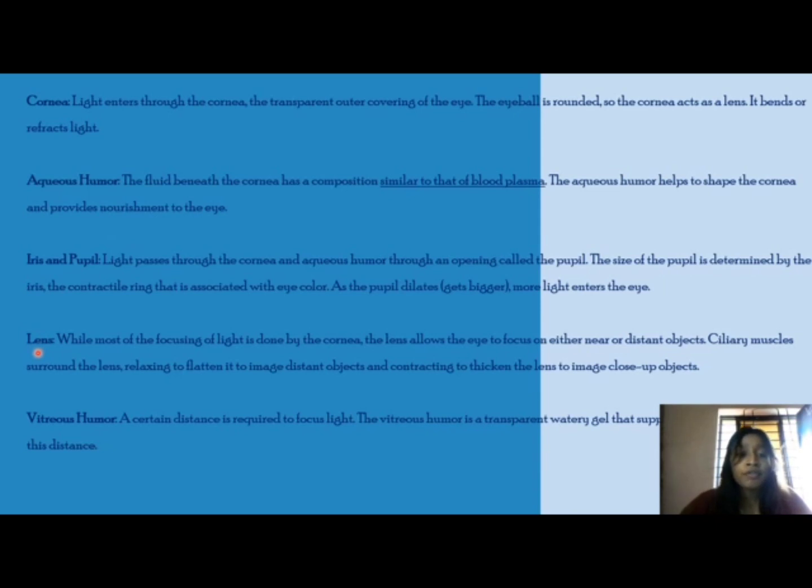While most of the focusing of light is done by the cornea, the lens allows the eye to focus on either near or distant objects. The ciliary muscle surrounds the lens, relaxing to flatten it to image distant objects and contracting to thicken the lens to image close-up objects. Vitreous humor. A certain distance is required to focus the light. The vitreous humor is a transparent watery jelly that supports the eye and allows for this distance.